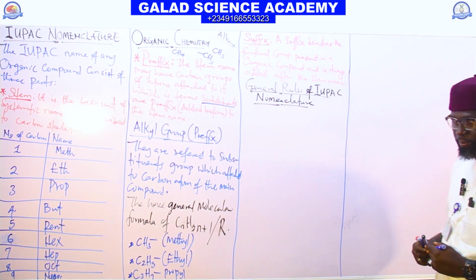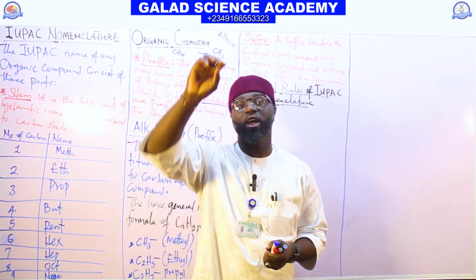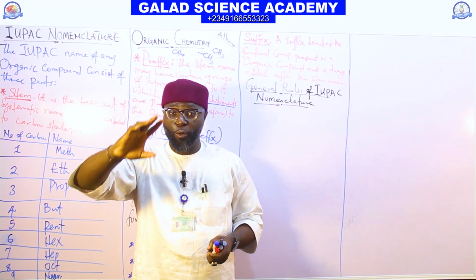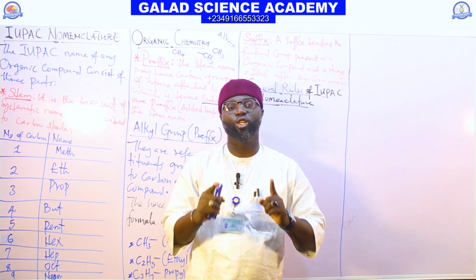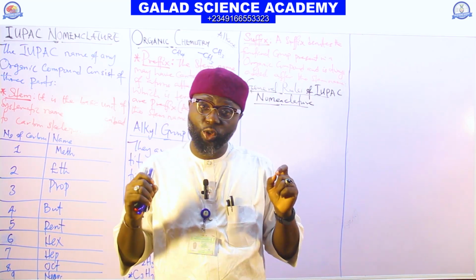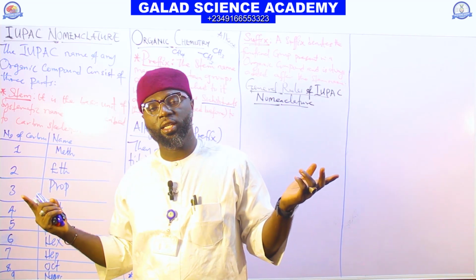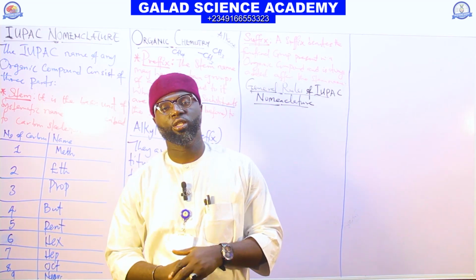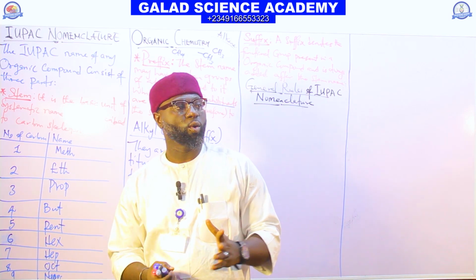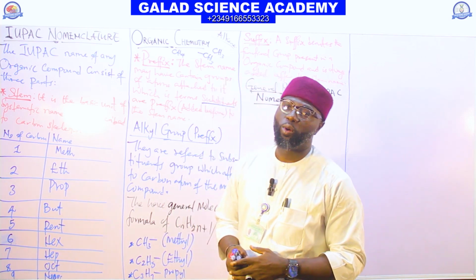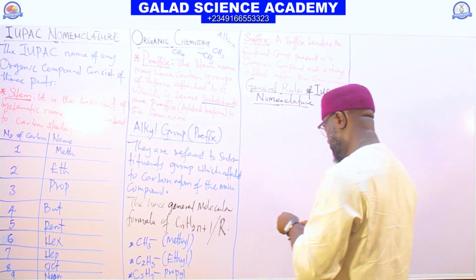The first one: identify the functional group present in the organic compound. Before you name any organic compound, try to know the functional group first. Once you know the functional group, you know the name of the compound.